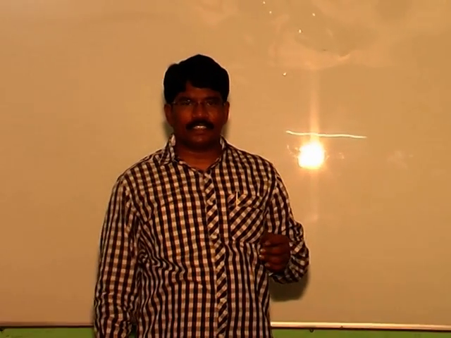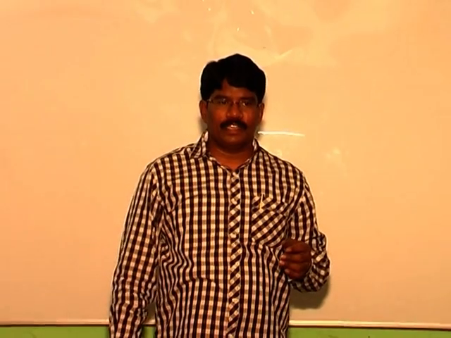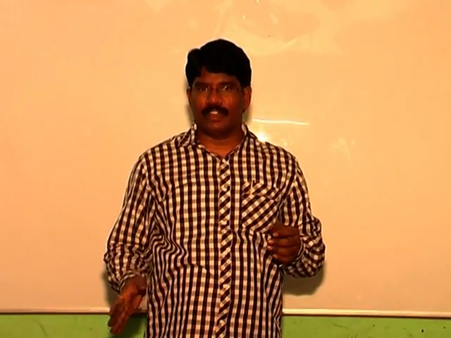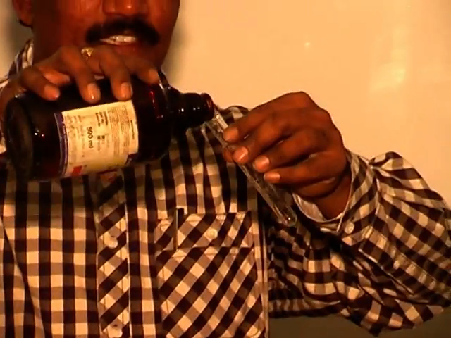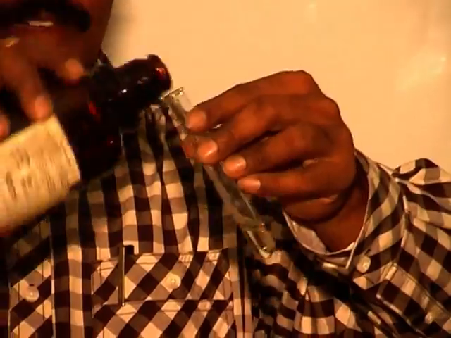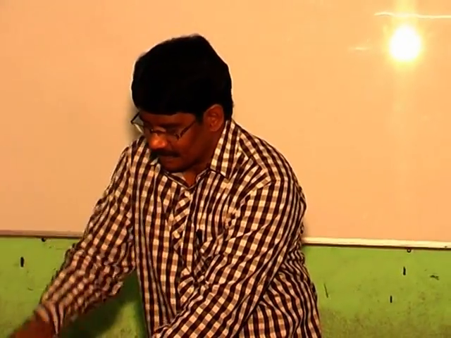In the case of detecting the aldehydic and ketonic functional group, the test is a reaction with Schiff's reagent. Here I am taking acetaldehyde, and to this acetaldehyde I am adding this Schiff's reagent. This is the Schiff's reagent.